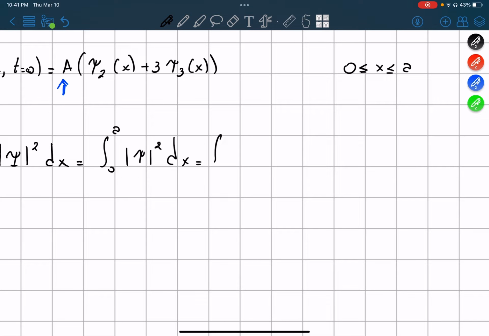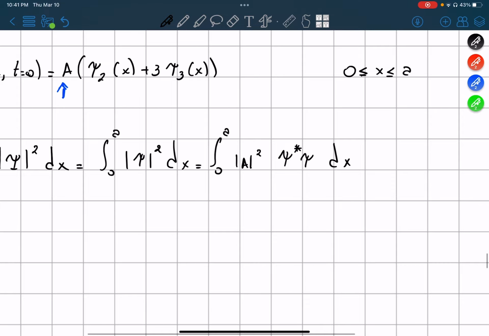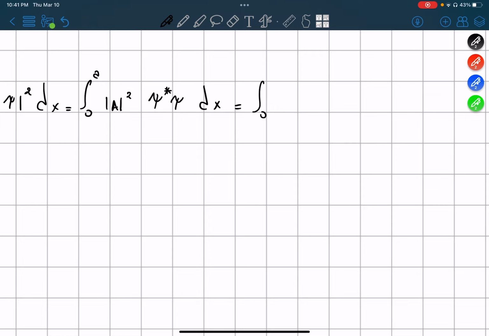Which is equal to what? Well, the integral from 0 to a of a squared, and then I'm going to write it the long way. So I'm going to have the first psi times the second psi, and the first one is going to be a complex conjugate dx. Now, what is the complex conjugate of our function? Well, it's going to be the same function as before. So I'm going to say from 0 to a, and then I'm going to have the a squared in front.